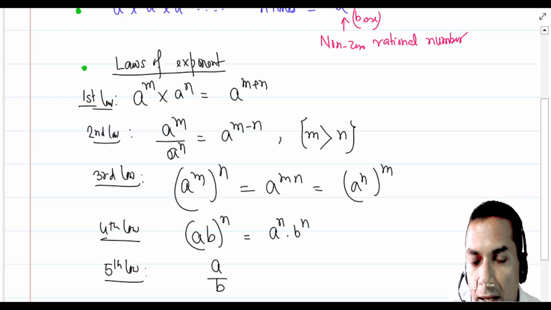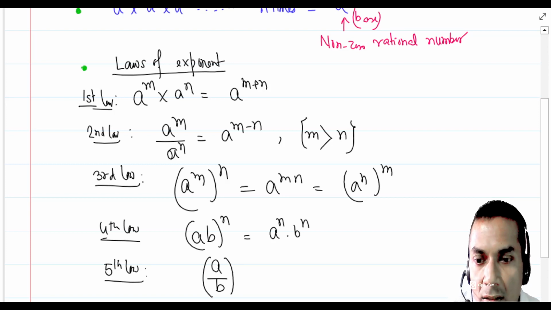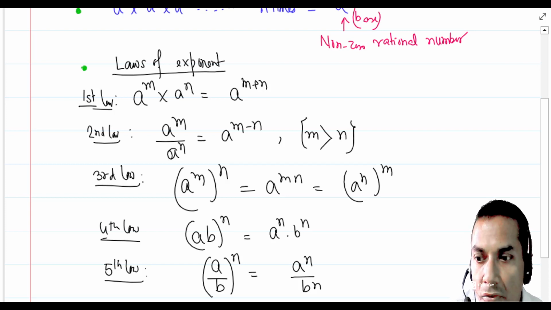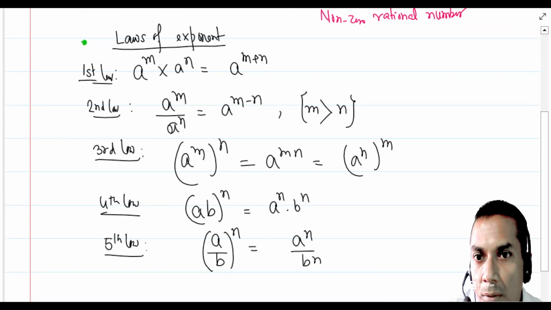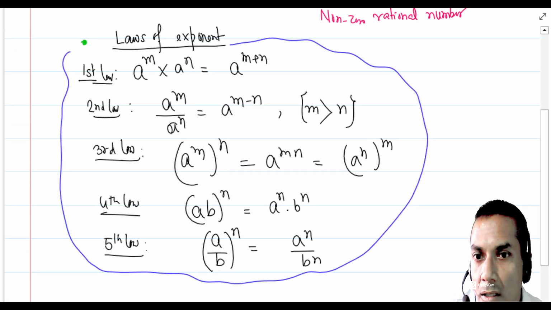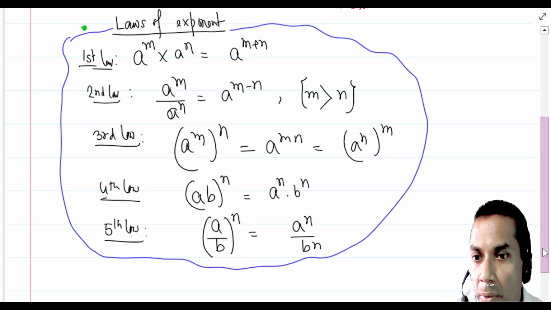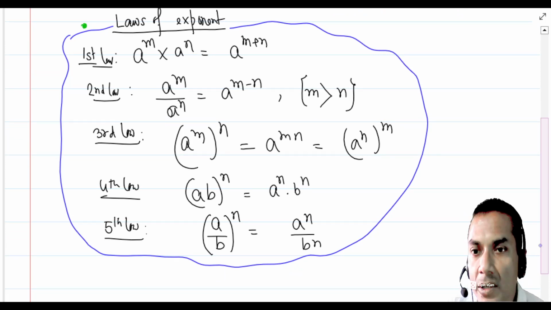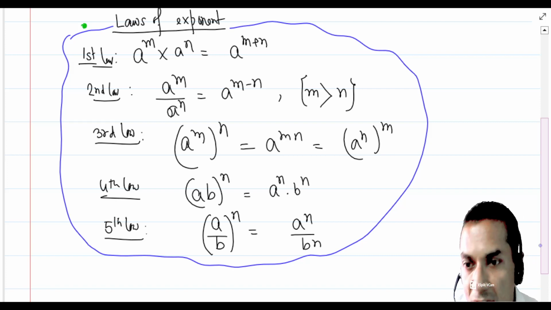If the two rational numbers a and b have the relation of division with the same power, then you can separate it like this. Hope it is clear to all. So you have to remember this entire law. It is not too difficult, because day by day when you practice a lot of questions, you automatically remember it very easily. So it is the general expression of the different laws of the exponent.